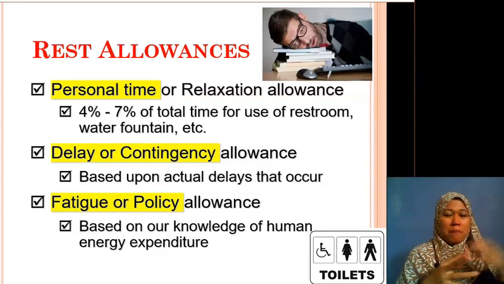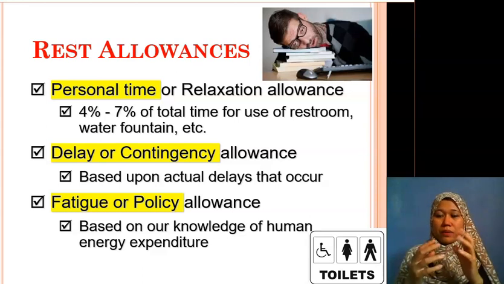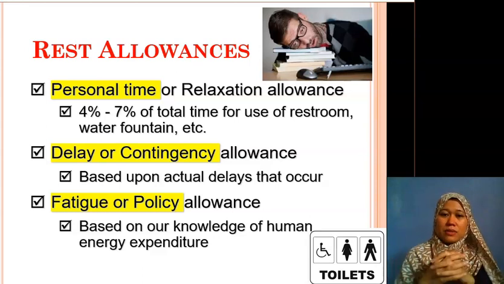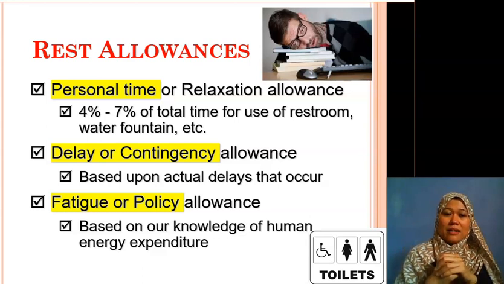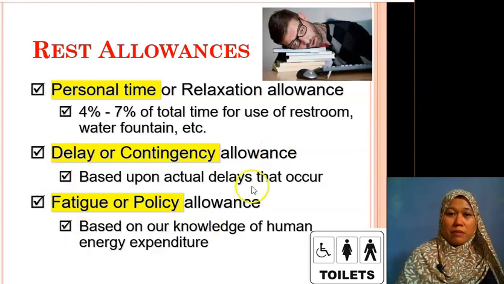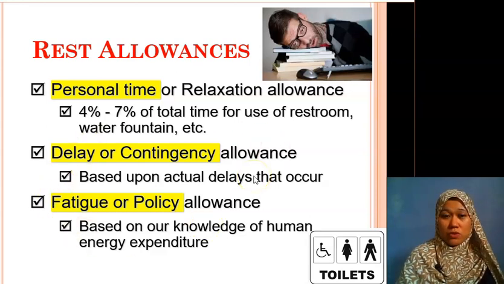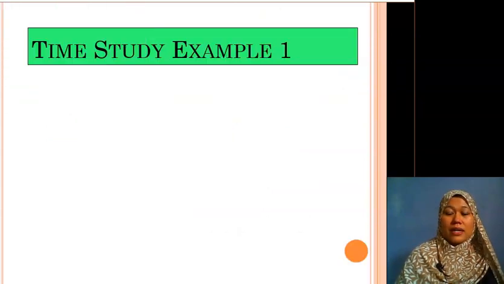Sometimes your job depends on another line, and they are the ones who delay, so you can have an allowance for the delay. And then also fatigue and policy allowance. You have break time, maybe 1 hour of break time for the whole day. So this is very important. We are human beings, we are not robots, so we need to have the allowance.